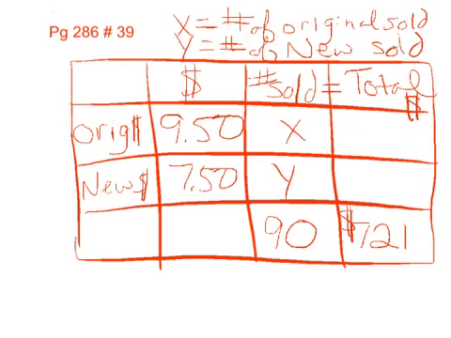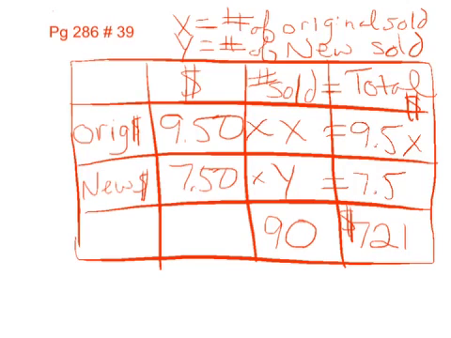If they sold two potteries, it would be $19, and so forth. And what we do with this is we multiply those two together to give us a total pricing of what the original was selling for. So $9.50 times X. The same can happen with the new: $7.50 times Y.